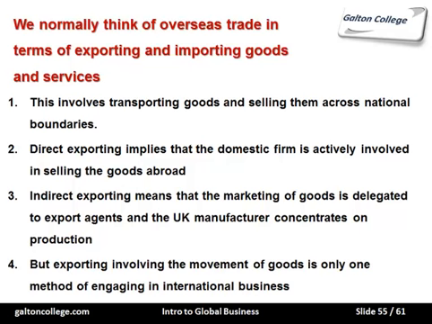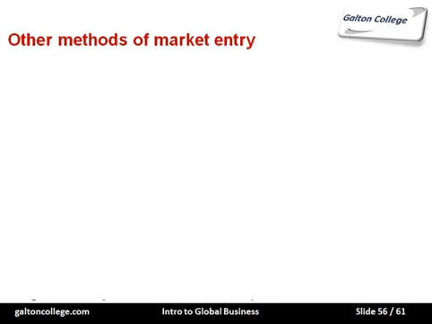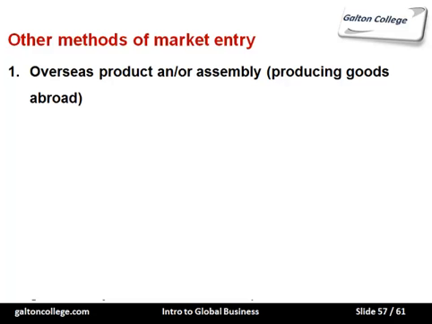But exporting, which involves the movement of goods, is only one method of engaging in international trade. There are other forms of dealing with international trade. So, other methods of market entry. Well, overseas production and or assembly, producing the goods abroad, that's a possibility.